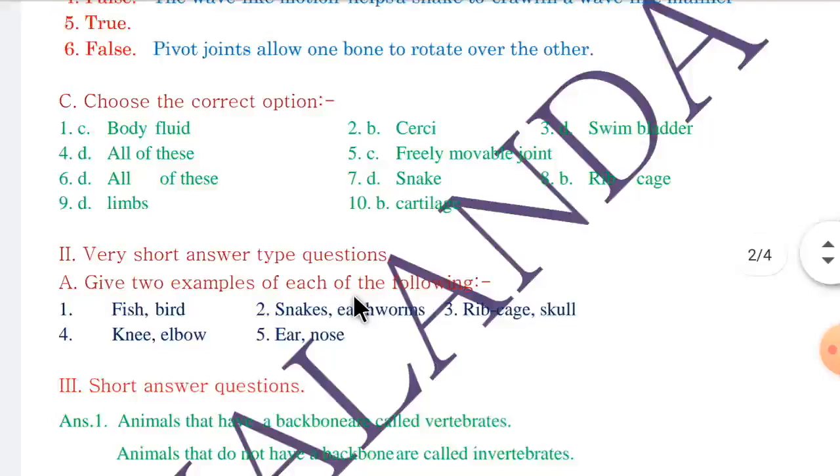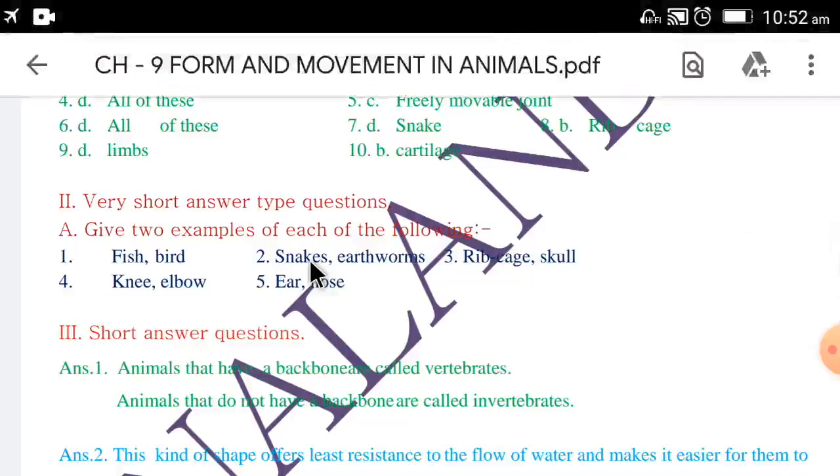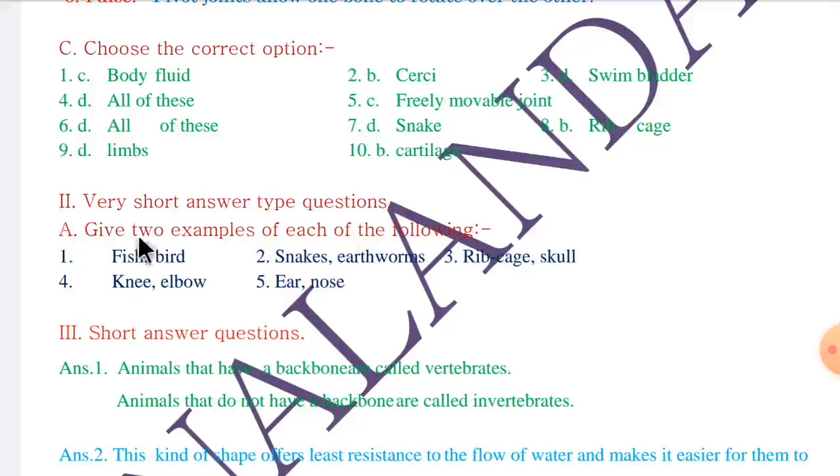Let's see the next, very short answer type questions. Give two examples each of the following. The first is animals with streamlined bodies: fish and birds; you can also write aeroplane. Animals that do not have limbs: snakes and earthworms.